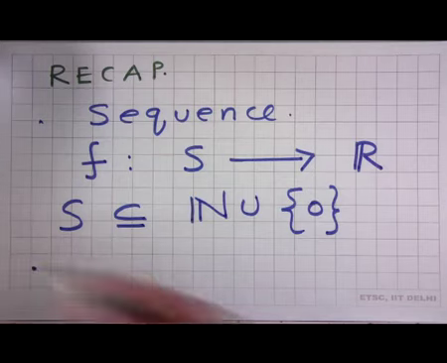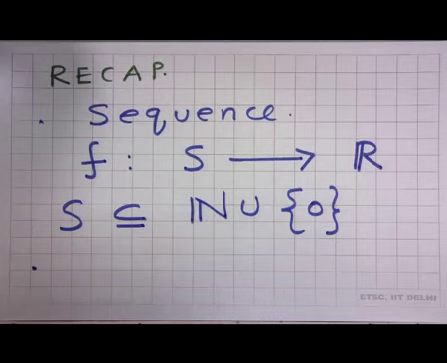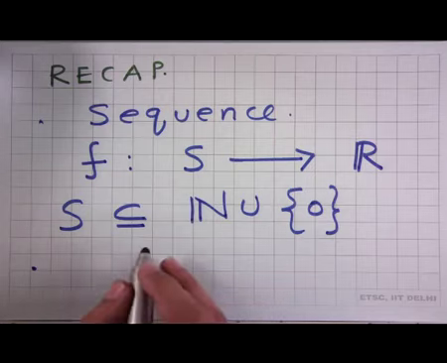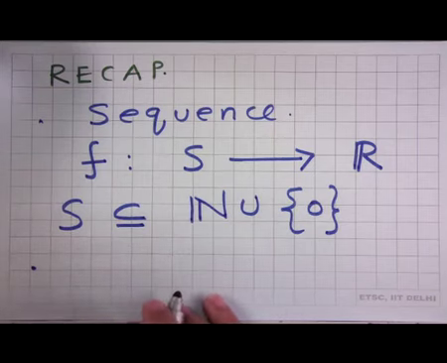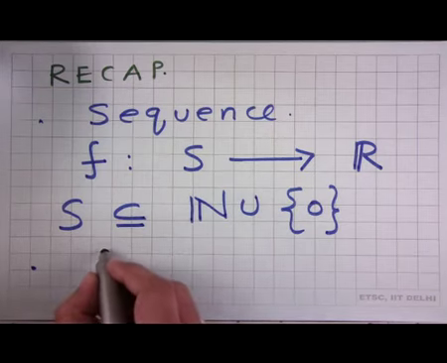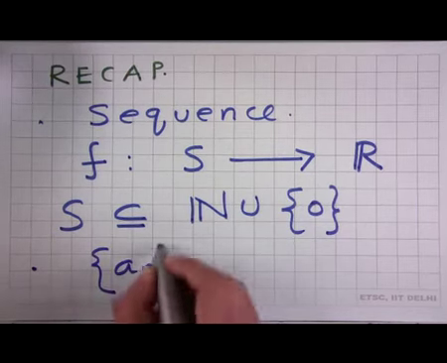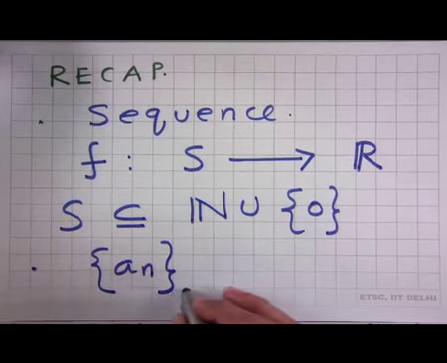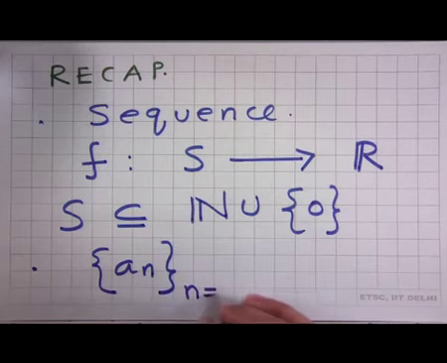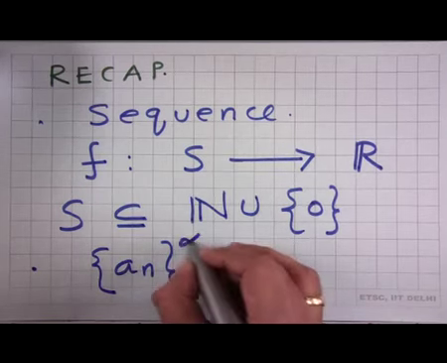We saw the notation used for a sequence. A sequence can be denoted using the notation a_n, n is equal to 1 to infinity.